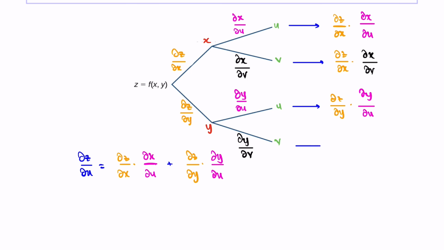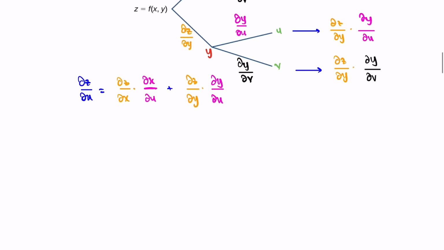From here, you're going to obtain partial z partial y times partial y partial v. All right. Now we're going to combine the results together and arrive at the following answer. That is partial z partial v equal to partial z partial x times partial x partial v plus partial z partial y times partial y partial v.